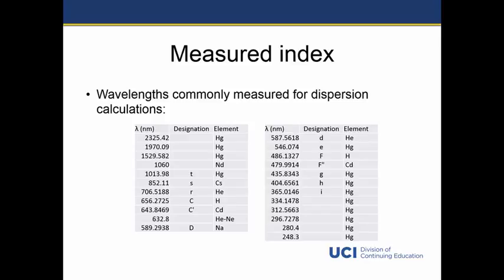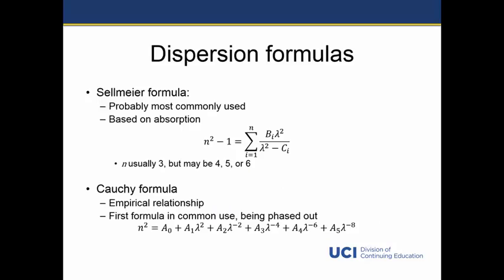A couple of dispersion formulas. The Sellmeier is probably the most commonly used these days. It is based on the absorption spectra of the material, which is where the coefficient terms come from. And in this summation, the N value is usually 3, but it also may be 4, 5, or 6 for some specific materials.